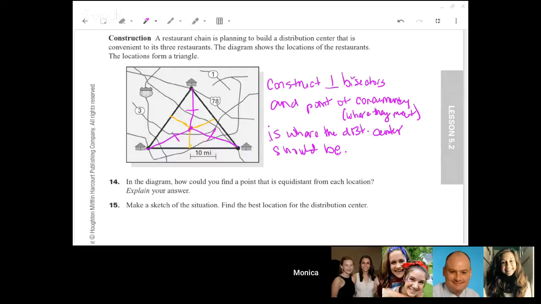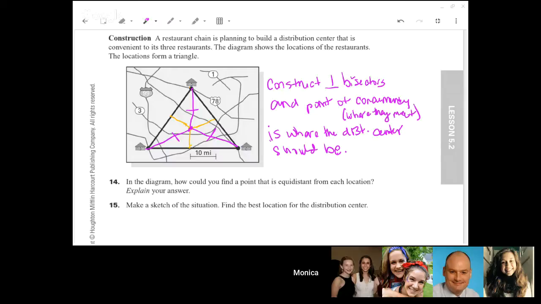Okay, good job, Lily. All right, Megan, what is on the screen right now is number 14 on practice A. And basically, you're supposed to tell how you can find a point that's equidistant from each location. So if you look at theorem 5.4 in the chapter, it tells you that where all of the perpendicular bisectors meet is the point that is equidistant from all of the vertices.